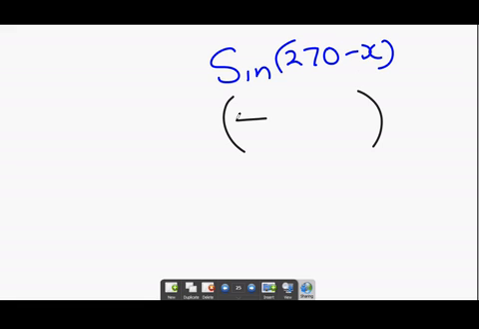Do you see that? But because there is 270 here, it is going to switch, and the sine will become cos, and then you can just put your x afterwards. That's how we do our reduction.